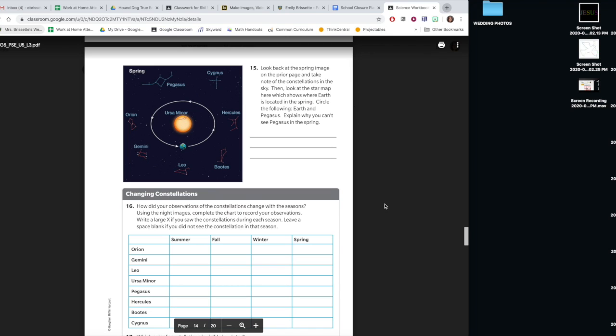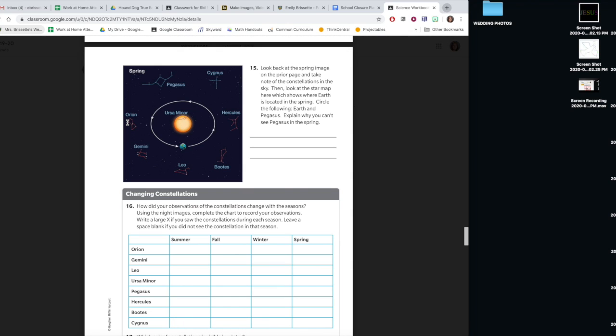Before we had the concept of time, the early people of Earth would use the stars and notice that throughout the different seasons, the stars look different, like Orion's belt or the Big Dipper, they can see it in different parts of the sky. And they used that as tell markers for telling time.